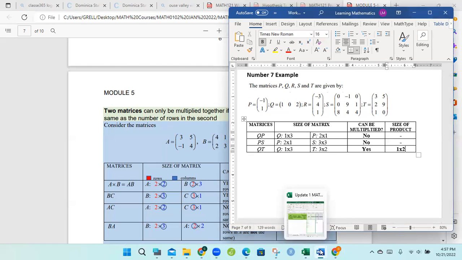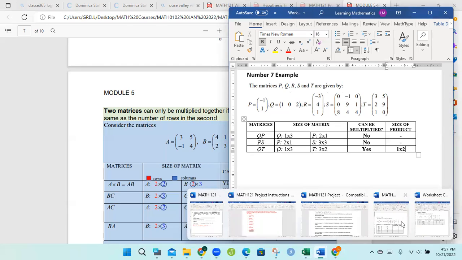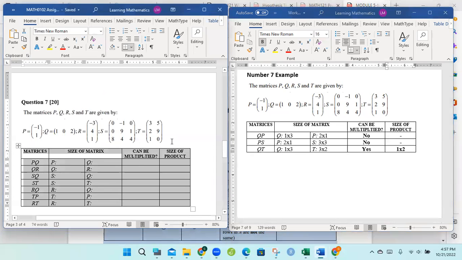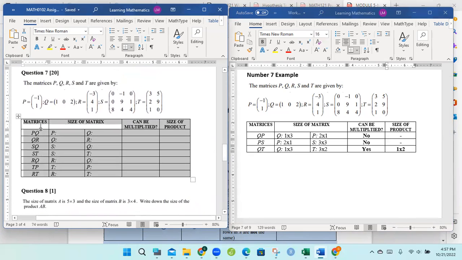So this is what you do for this question. I already gave away the first one, because I said PQ is possible. PQ: 1 element, 1 element. So a 1 and a 1, multiplication is possible.